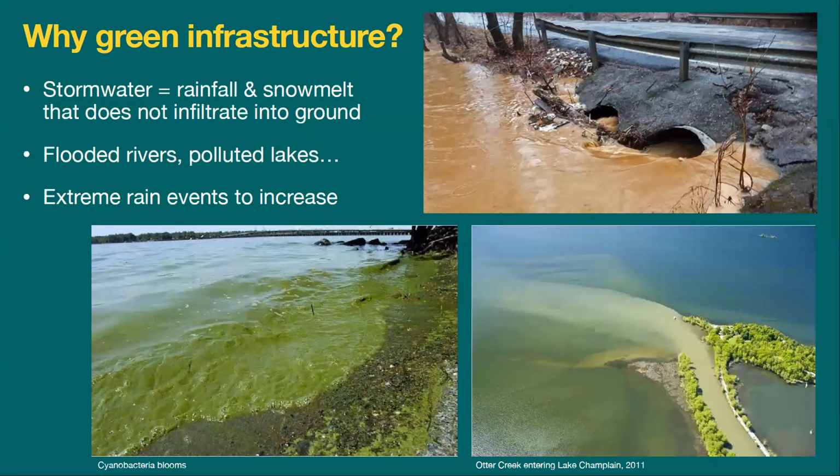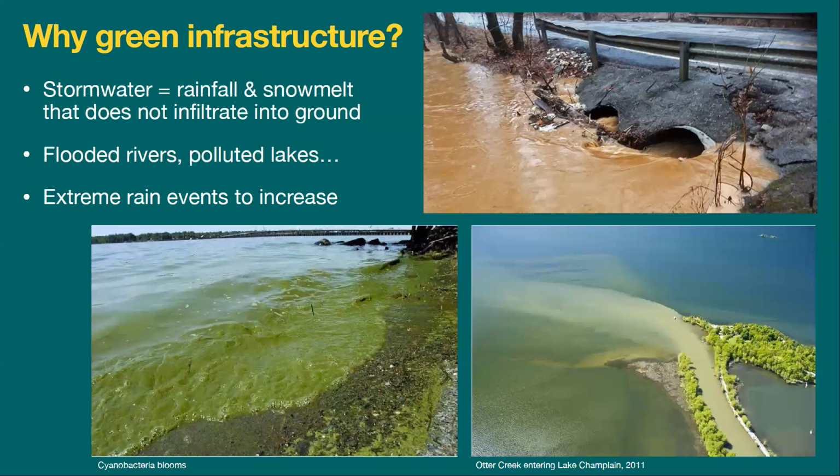So as I said, and these are some photos of that impact of increased impervious surface, which leads to a lot more stormwater runoff. And we're seeing a lot more flooded rivers, as we saw intensely this summer. And as you can imagine, all this excess water washing over the landscape, across our driveways, our roads, our parking lots, is also picking up everything that is on there.